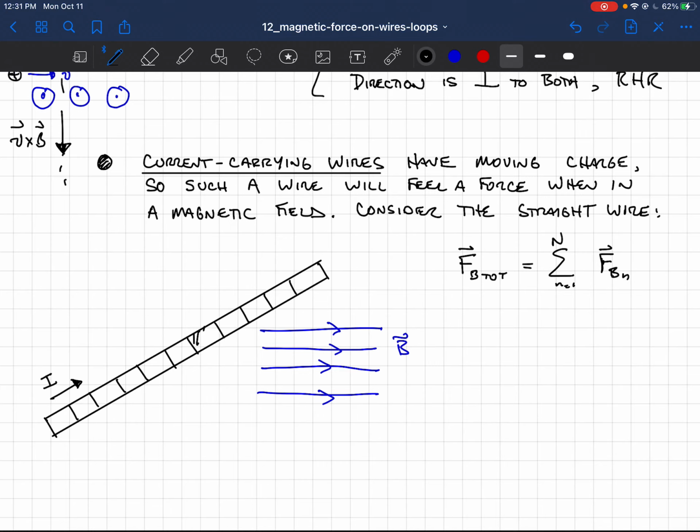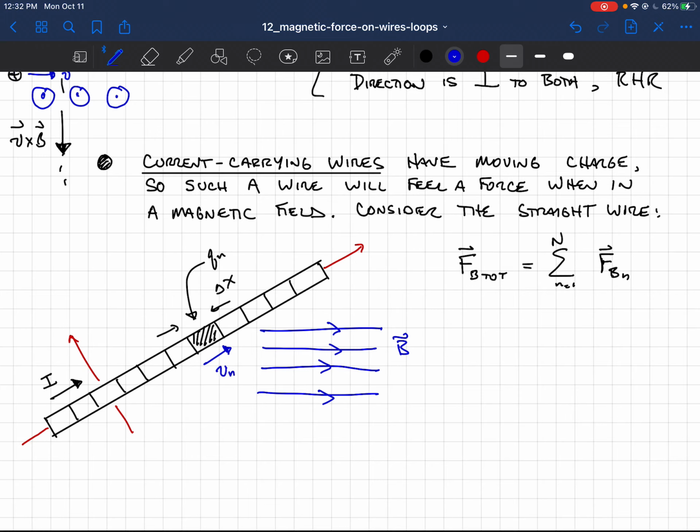So then we consider one chunk, and let's just place it along an axis. Doesn't really matter where that axis is, so let's say that it has a width of delta x, and there's a charge in that little chunk, which we could call Qn, and that chunk is moving with some velocity Vn because of the current.